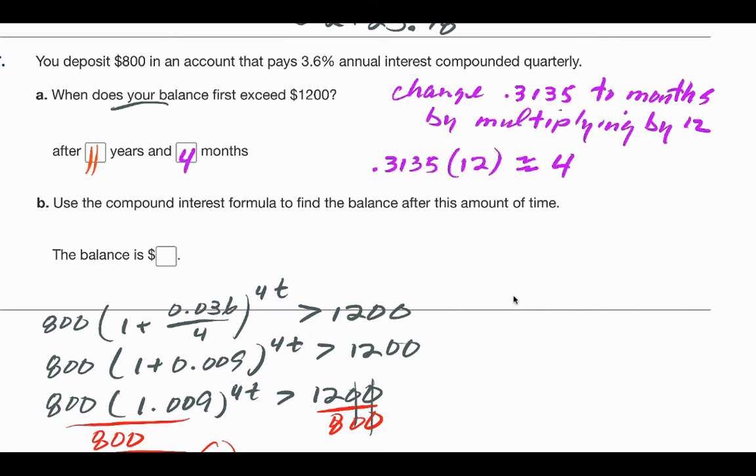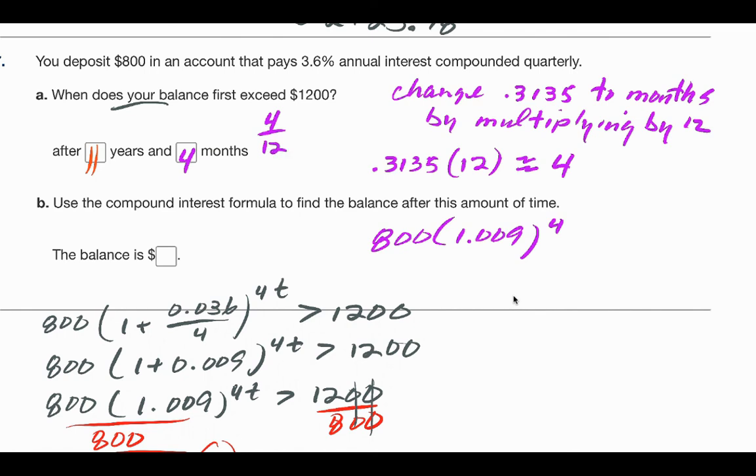All right. So now you're going to get that. Now here's the kicker. They want you to use the compound interest formula. So again, that's our 800 times 1.009, and they want to know what that is. Okay? So we will take our 4. Now remember, we have 4 out of 12 months.